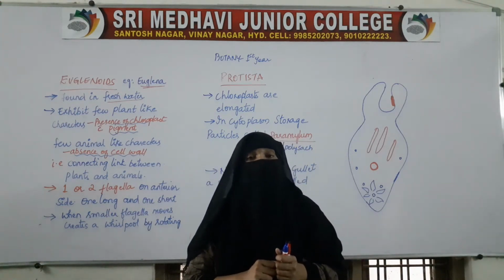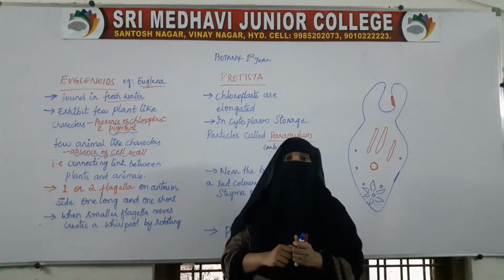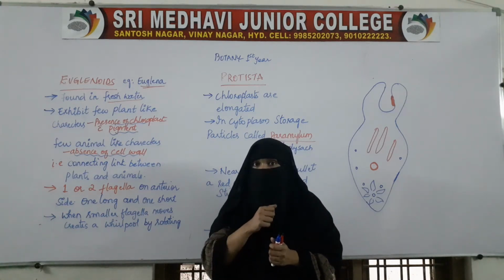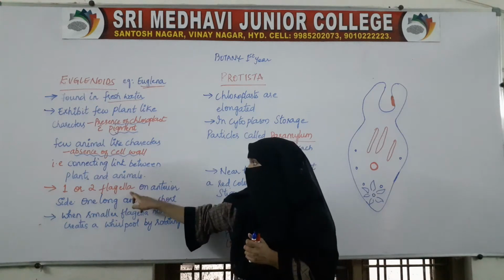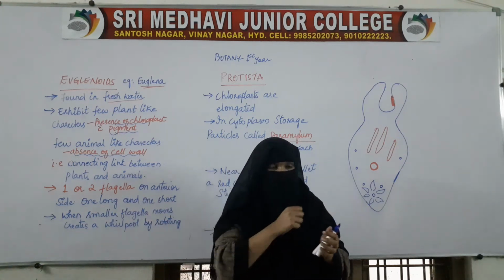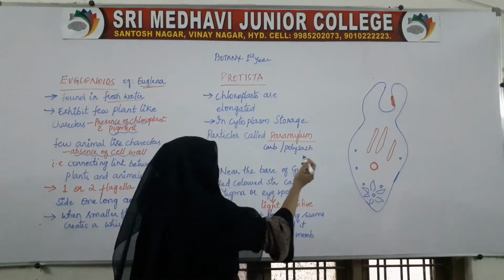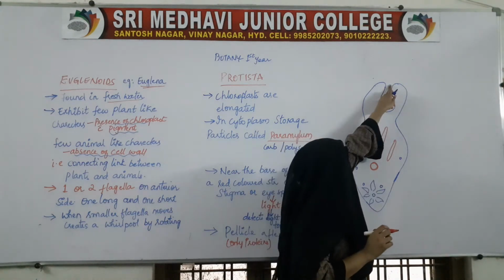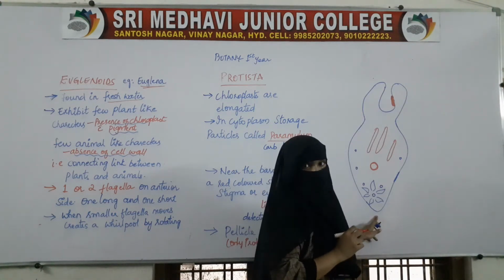Apart from this, Euglena will have flagella. One or two flagella will be present on the anterior side of the body. Here this Euglena will have two flagella. This is the anterior side and this is the posterior side.